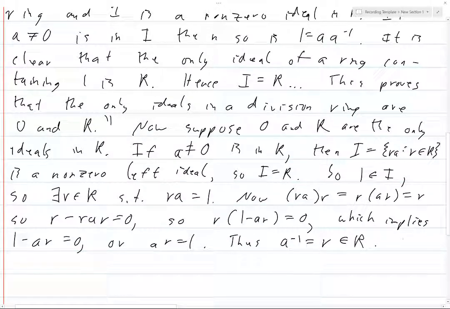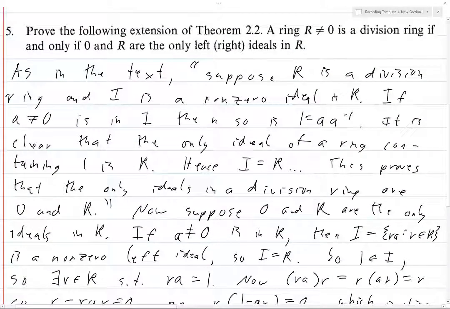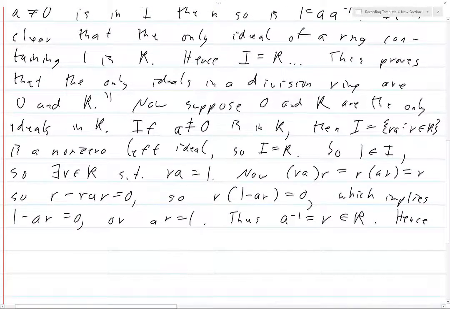See here. So, oh wait, no. Did I say this is because this is a division ring? No, that's backwards. Why do we know this? A ring is a division ring if and only if 0 and R are the only left and right ideals.